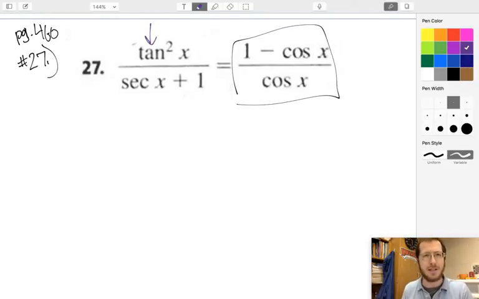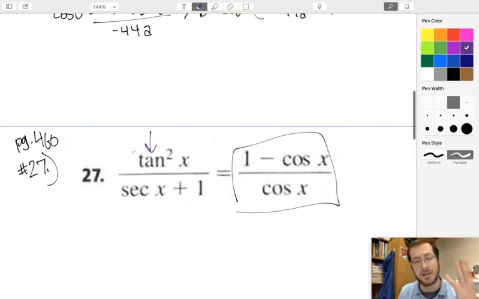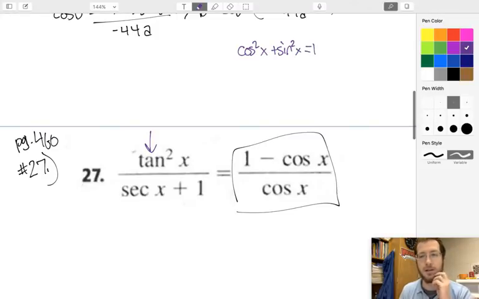And right away, I see a tangent squared of x, which, according to our Pythagorean identity, has a secant squared of x in it, although I can never remember if it's a minus 1, if it's a plus 1, if it's a minus secant squared, if it's a plus secant. So I'm going to start with the one that I do know. Some of you guys are better at memorizing these than me. And I know to get tangent, I need to divide by cosine. So I'm going to divide everything by cosine squared of x.